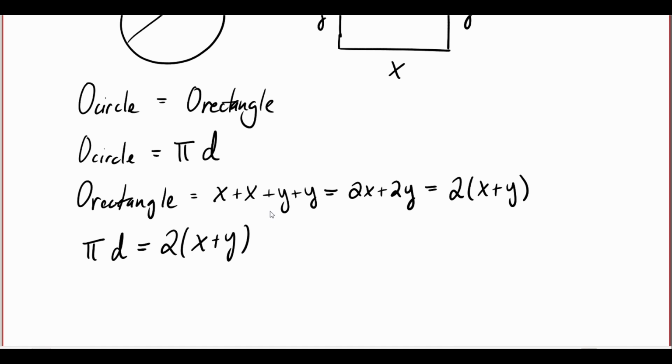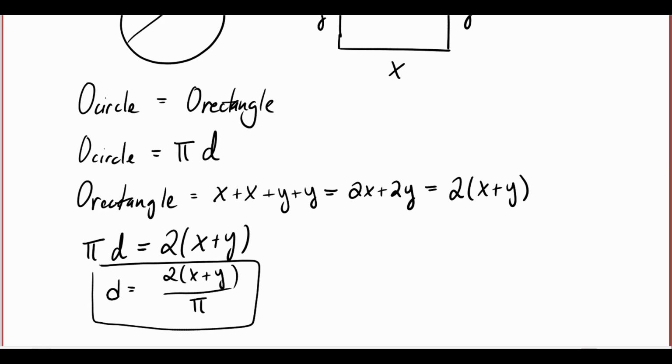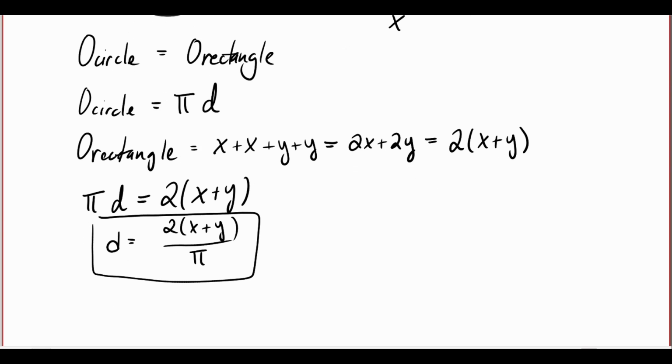The reason for doing this is that I can now express the diameter of the circle with respect to x and y. So we have d equals 2 times x plus y divided by pi. This expression we're going to use in order to express the area of the circle and the area of the rectangle.